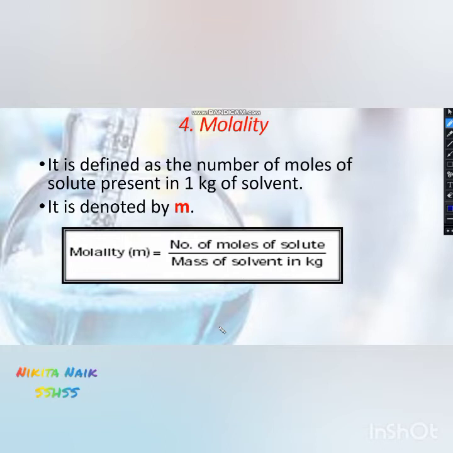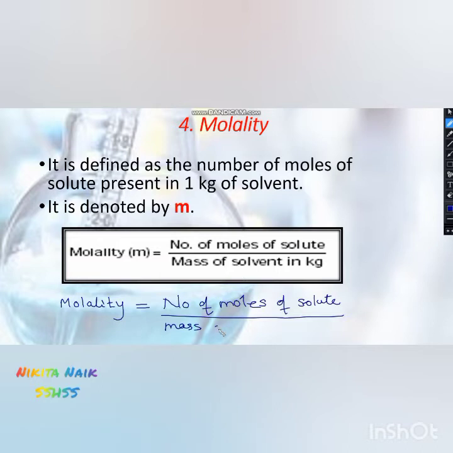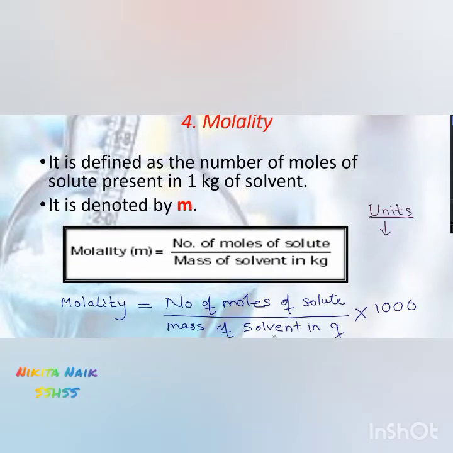So in terms of grams, molality will be equal to number of moles of solute divided by mass of solvent in grams multiplied by 1000. Thus, the unit of molality is moles per kilogram.